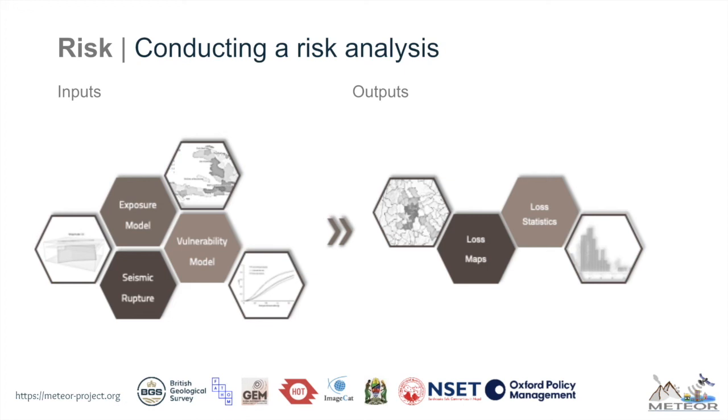Finally, there is the vulnerability model, which entails either fragility or vulnerability curves, which relate the seismic intensity to a level of damage and loss. On the right-hand side, we have the outputs of our risk model. Typically, these include loss maps or loss statistics. I will show some examples of these in the next slides.